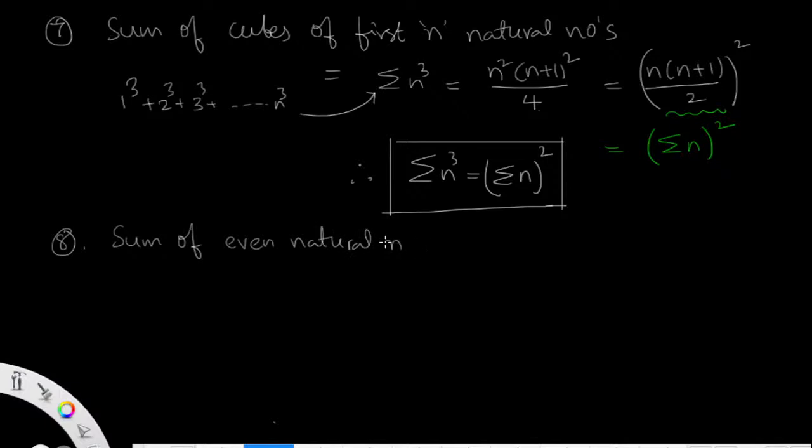Even numbers are always of the form 2n. 2n means even numbers; put n equal to 1, 2, 3 and so on, giving 2, 4, 6 like that.